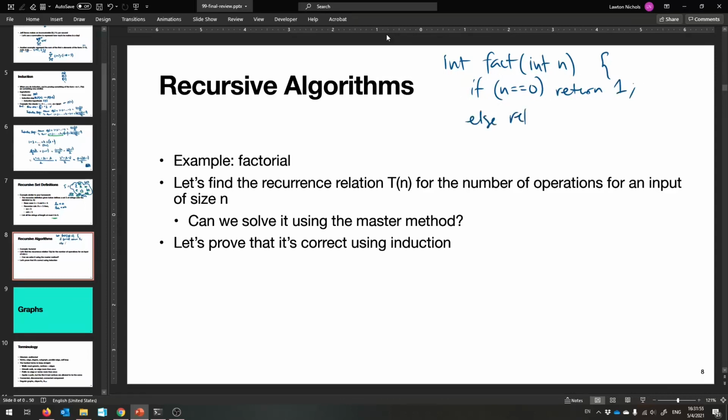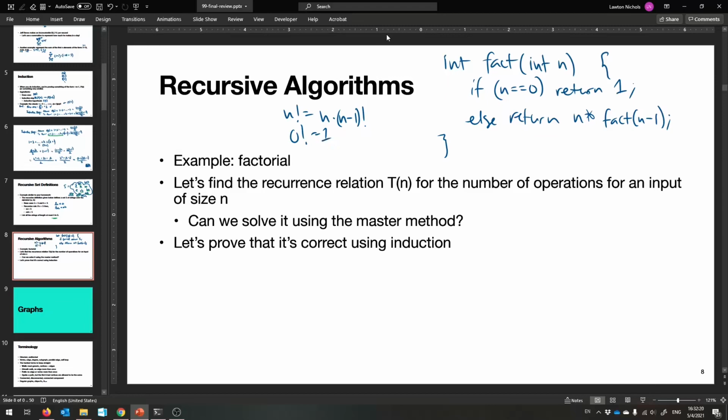Otherwise, return n times factorial of n minus 1. And that is the recursive definition of the factorial function. It's just following these rules: n factorial equals n times n minus 1 factorial, and the base case, 0 factorial is always just 1.